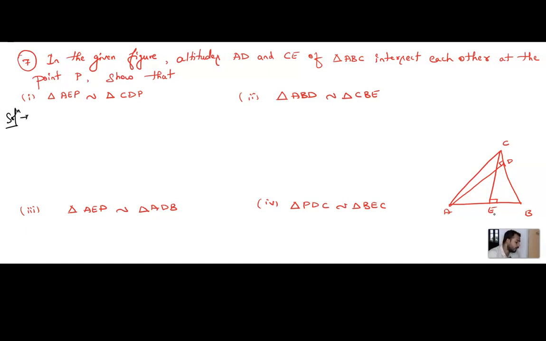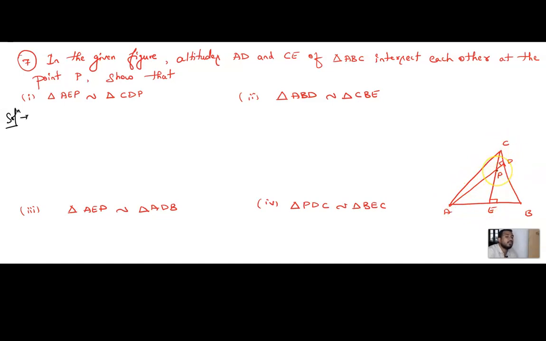According to case 1, what do we have to prove? Triangle AEP. See the figure, children. AEP, where is it? Here, this is the point which is intersecting, that is P. That is AD and CE. Both the lines are intersecting at the point P. In triangle AEP, can you see this triangle AEP? Yes.